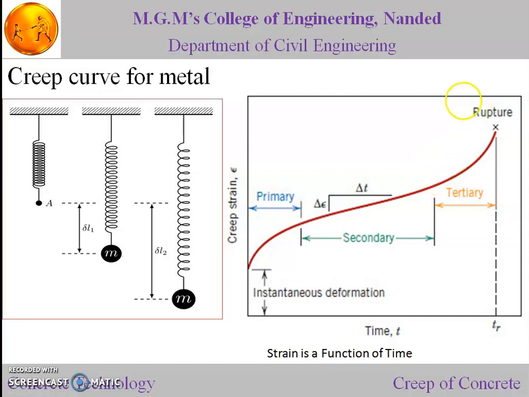Hence, the spring gets ruptured, and when the rupture takes place, there is some increase in strain observed at the end of the rupture stage. So this graph gives us an idea of what we have discussed with this figure. There are three zones: primary, secondary, tertiary. This indicates the slope of the creep, which is helpful for calculating the creep deformation in concrete or in any material.